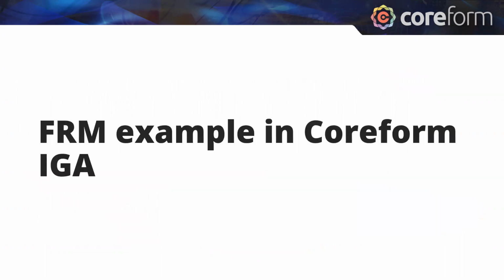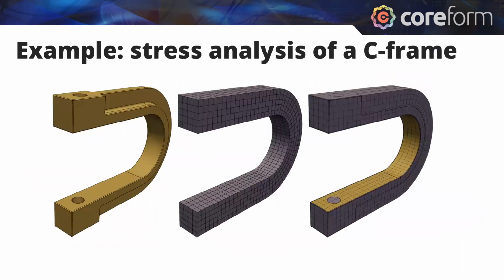Yeah. So now I'll just put this all together in an example in Coreform IGA. If we have this C-frame here on the far left, this is a geometry that came from the designer. There are some fillets for stress relief, but also from a hazard standpoint, the CAD designer's gone in and put a fillet of a minimum radius, so there's no sharp edges.